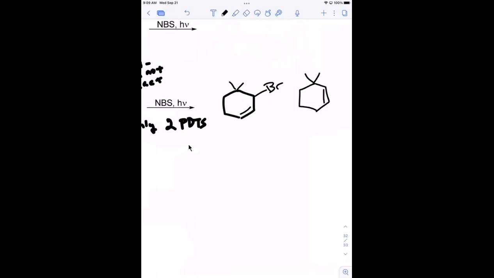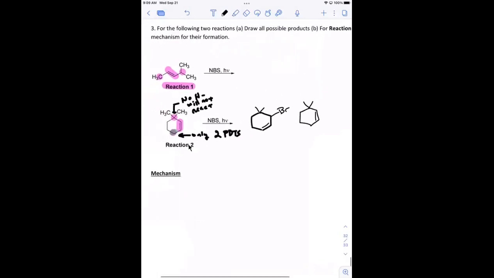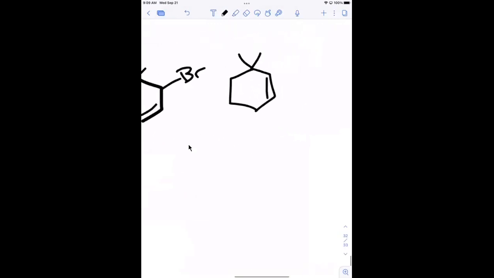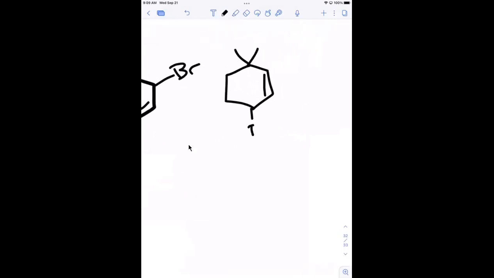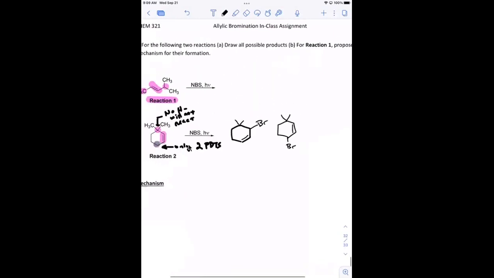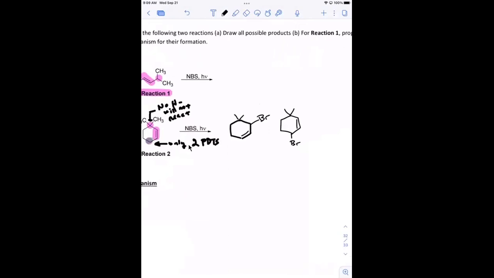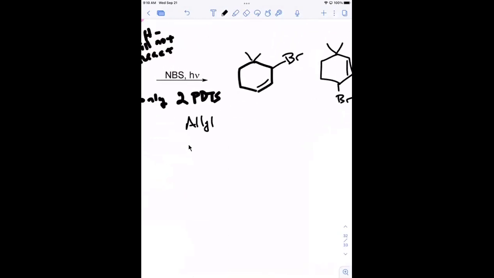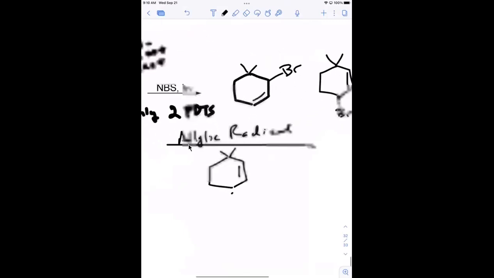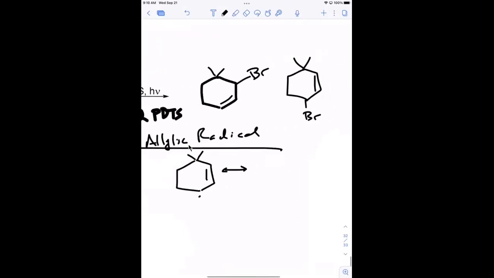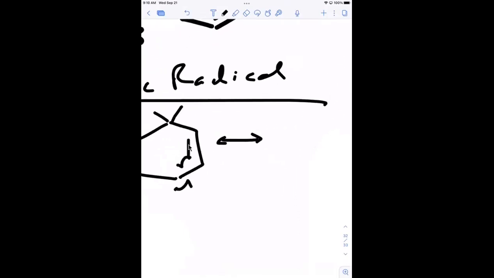Where's the bromine going to go? One of them goes on the site. Right. So those two products come from this radical, and that radical can do resonance to give you a new radical that looks like that.